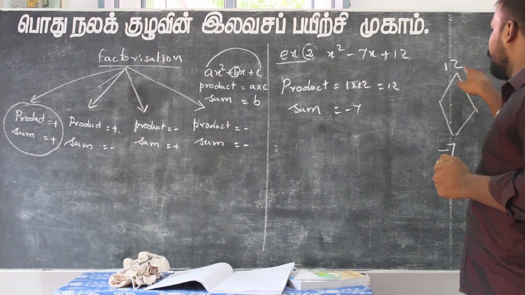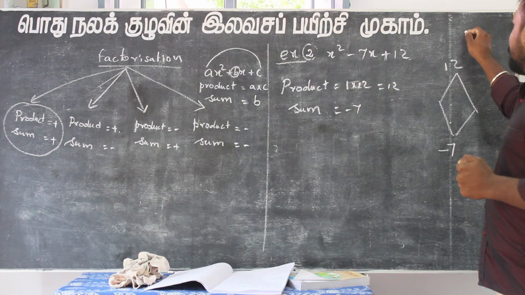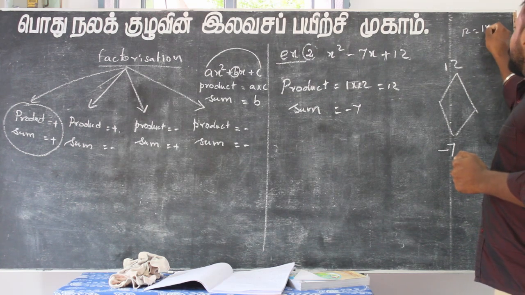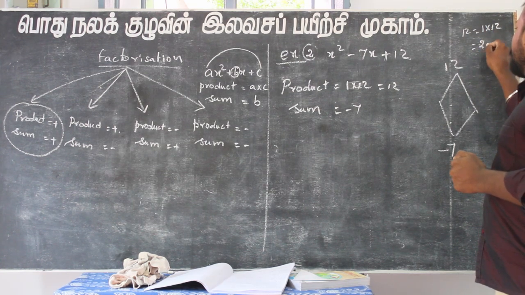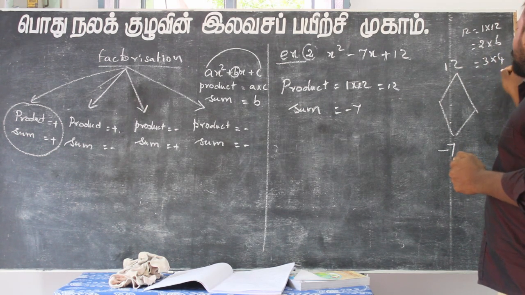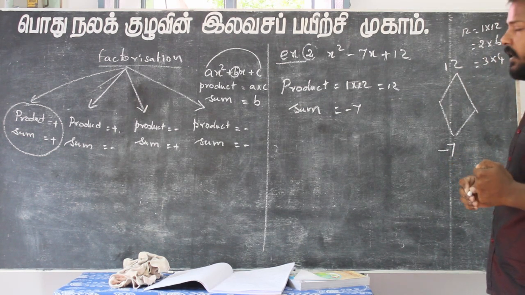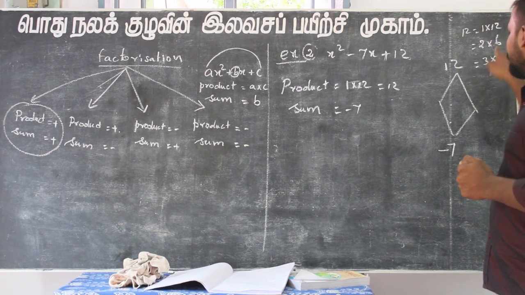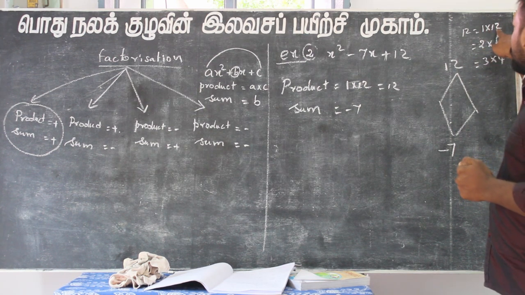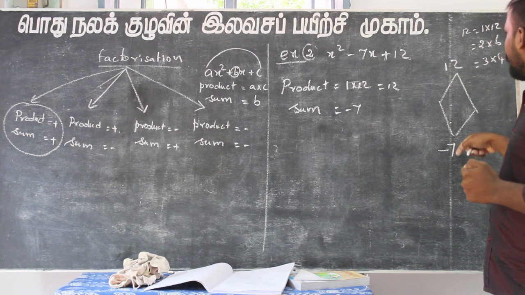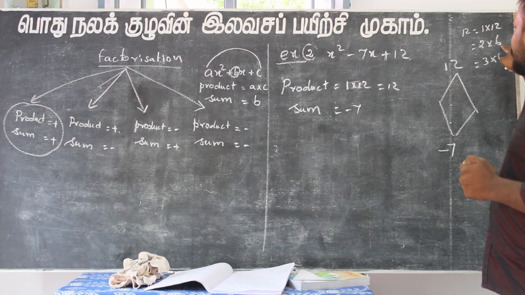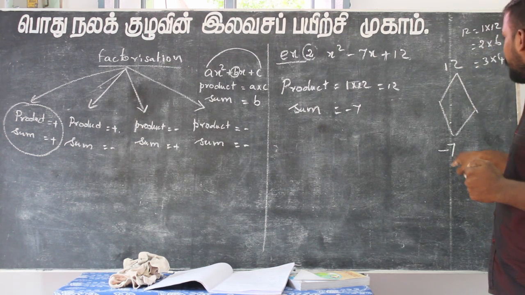So find the factors of 12. 12 means 1 into 12, second one 2 into 6, third one 3 into 4. No other cases are possible here. If you sum them, you should get 7. 1 plus 12 you will get 13, that is not equal. 2 plus 6 you will get 8, that is also not equal.